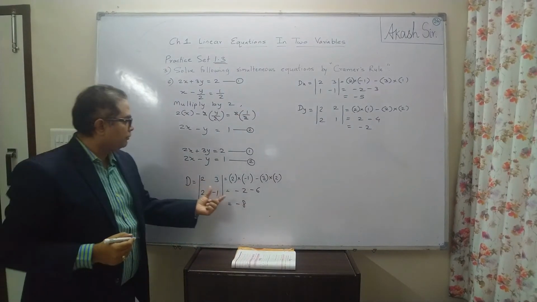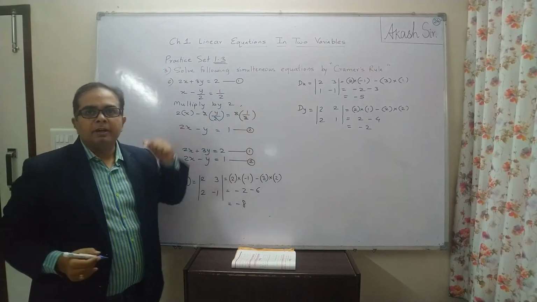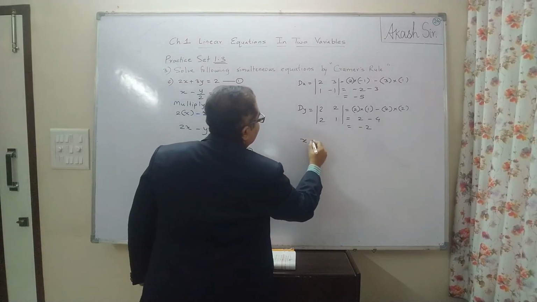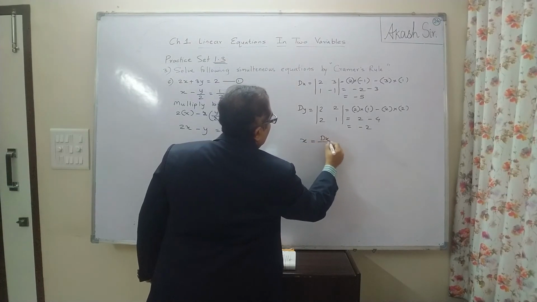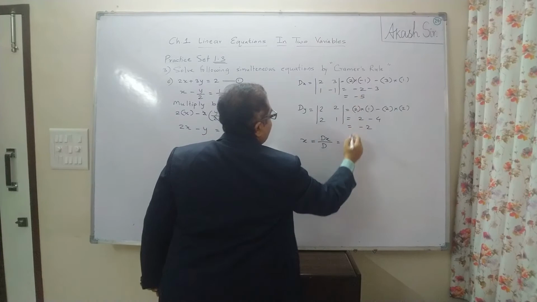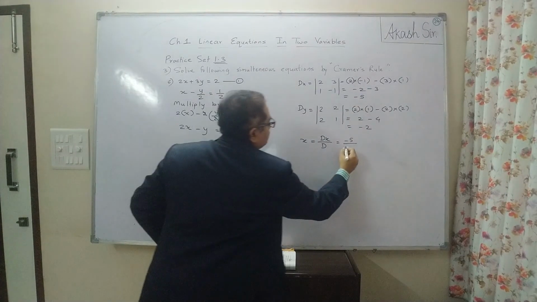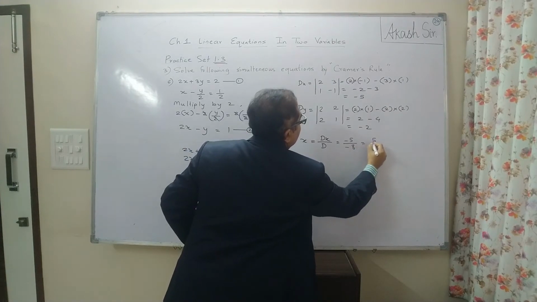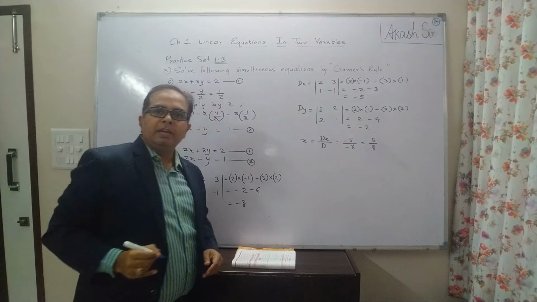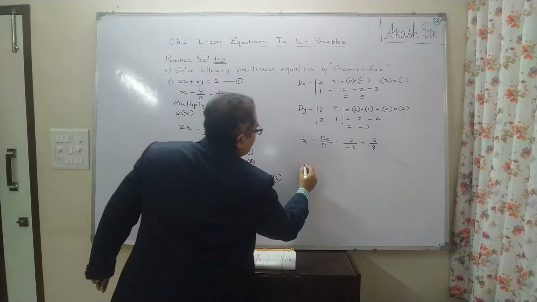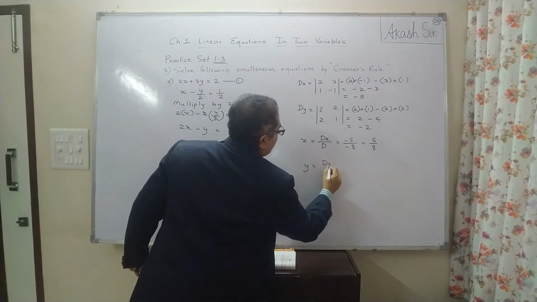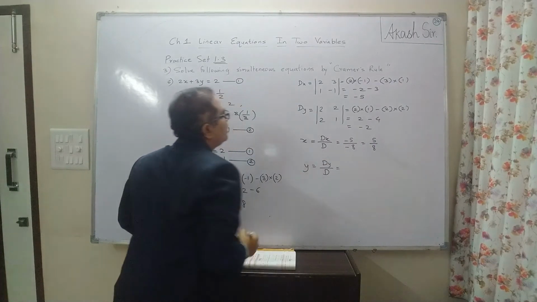Now we got the values of D, Dx and Dy. What was the formula for x? x is equal to Dx upon D, minus 5 upon minus 8. So minus minus cancel, 5 upon 8 is my x, and y is equal to Dy upon D. How much is Dy?